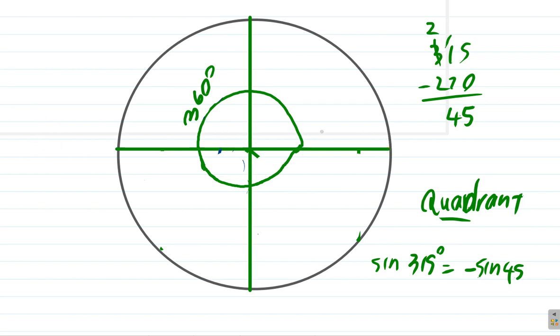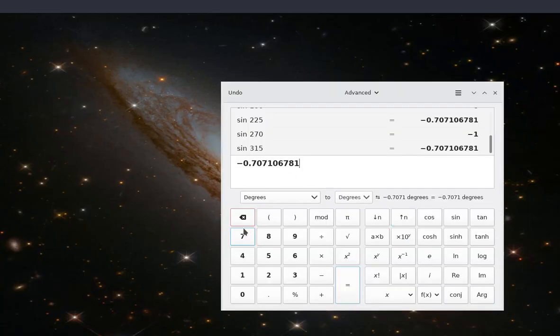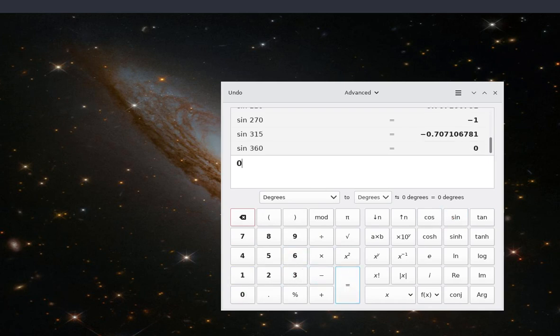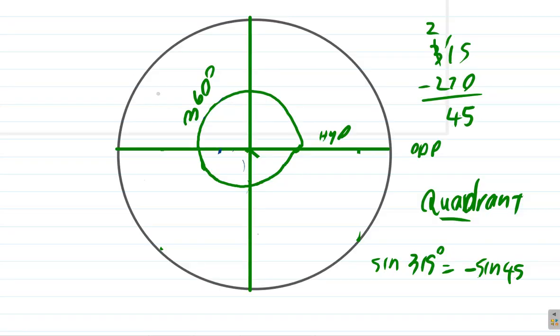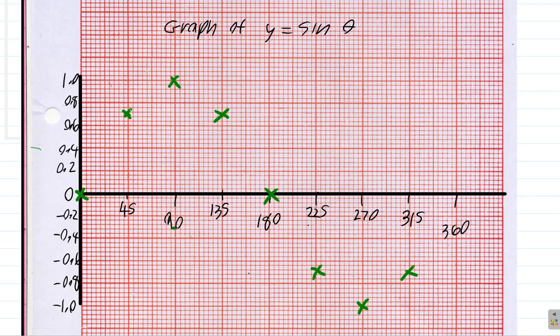You have your hypotenuse, yes, but your opposite is 0, and opposite over hypotenuse would be 0, because if opposite is 0, 0 over any number gives us 0. So what's the sine of 360? Let's use our calculator. The sine of 360 equals 0. Alright? So you go back to 0.